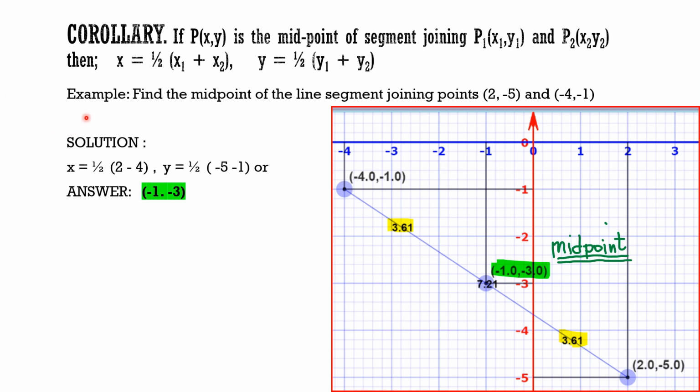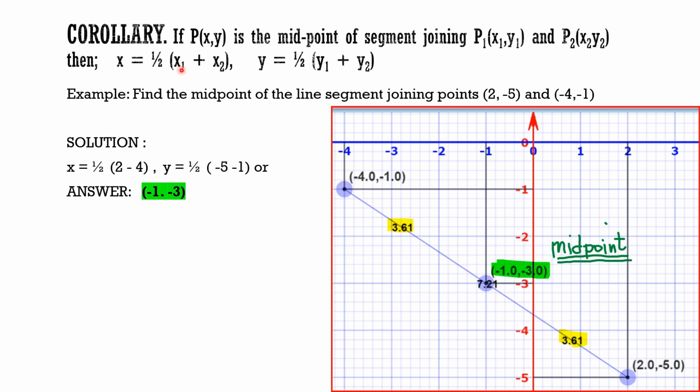We illustrate this using a problem. Find the midpoint of the line segment joining points (2, negative 5) and (4, negative 1). We have pre-illustrated the problem here. We have points (2, negative 5) and (negative 4, negative 1), and we are asked to find the midpoint of the line segment joining these two points.